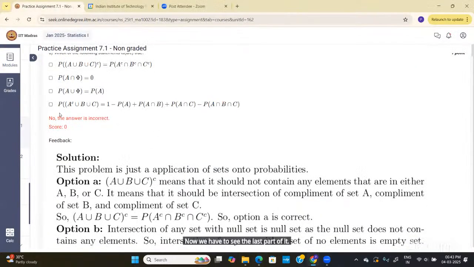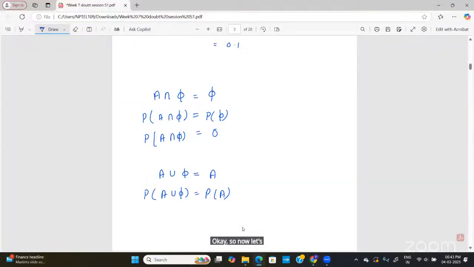Now we have to see the last part of it. It is probability of A complement union B union C, which is equal to this part. So now let's take the left hand side.